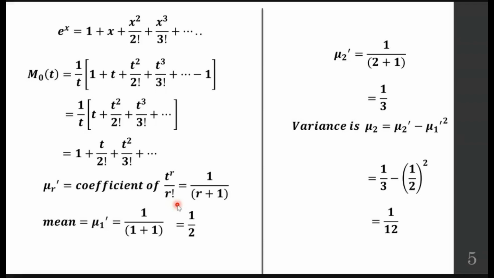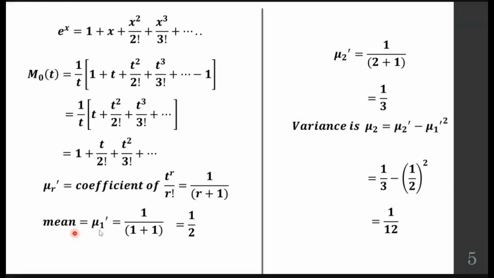Okay, we have found M0 of t the normal way. In M0 of t, there is a term e raised to t, so in place of e raised to t we have used the expansion. 1 and -1 cancelled, and then taking 1/t also inside the bracket, we get this as the expansion. From this expansion we have to find the coefficient of t raised to r upon r factorial, and that we got as 1/(r plus 1).